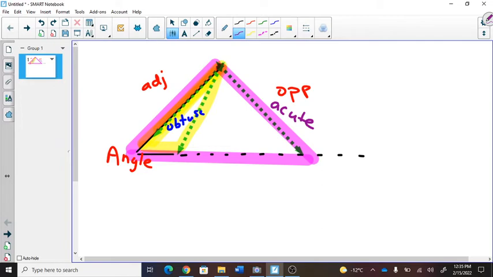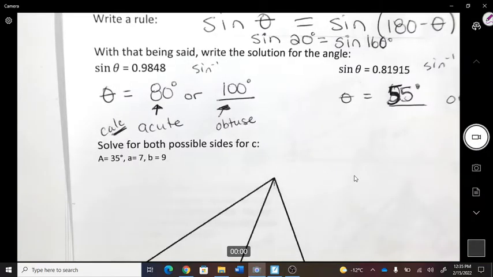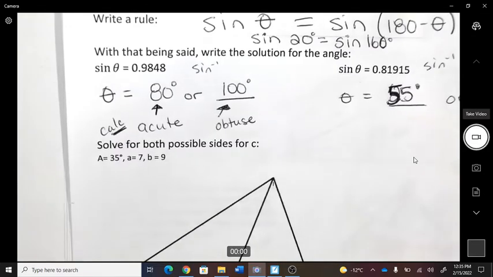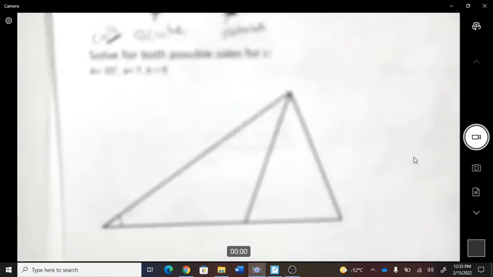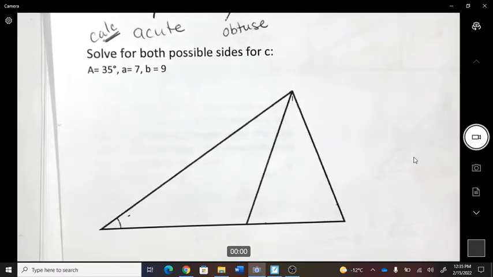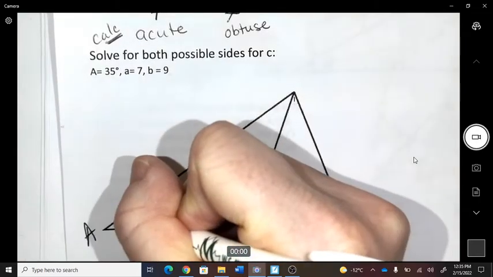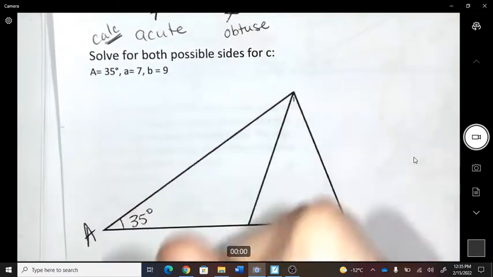Okay, so let's see if we can do it. You ready? It's gonna get crazy. There we go. So this is angle A, 35 degrees.